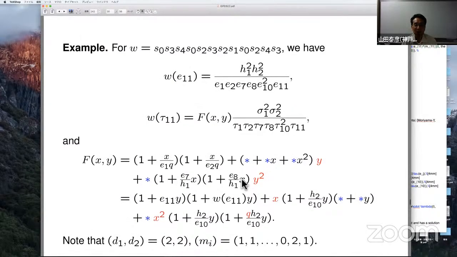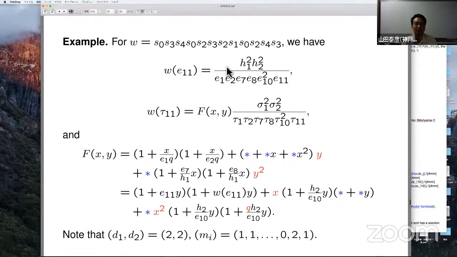First, here is an example of the F polynomials. Consider this sequence of simple reflections, and the action on the E variable is nothing but a multiplicative linear action, and they are given in this way. And for the action on the tau variable, the monomial part is essentially the same as this.